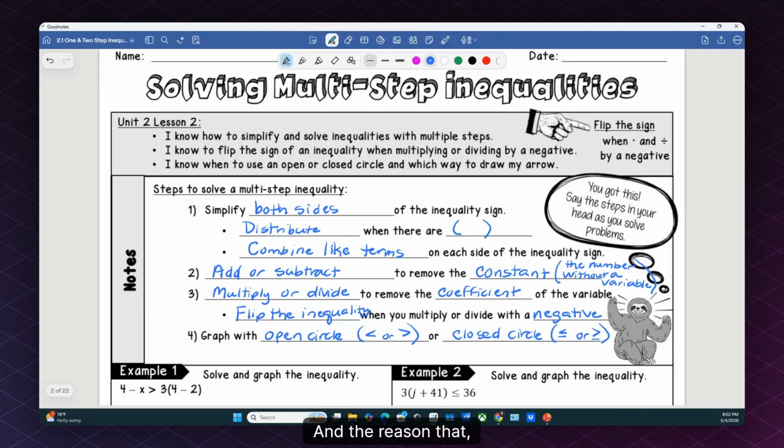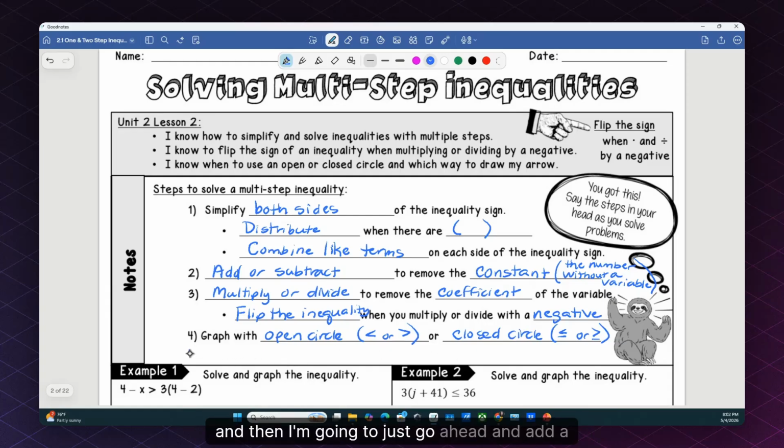And the reason that you use the closed circle when the equal sign is there is it means the solution exactly includes that point. If it's an open circle when there's no equal sign in it, it just means that the solution is going to be a number up to very close to that point. And I'll show you what I mean when we're solving it.